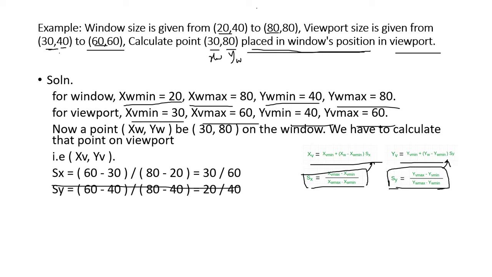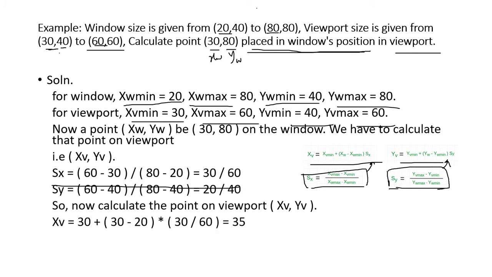So xv is equal to xv min. So xv min is what? 30 plus xw minus xw min. So xw is what? xw is also 30 and xw min is 20. Okay, into half. So we are getting 35. Similarly for yv, you need to calculate yv min. That means this thing 40 plus yw is what? 80 minus yw min.